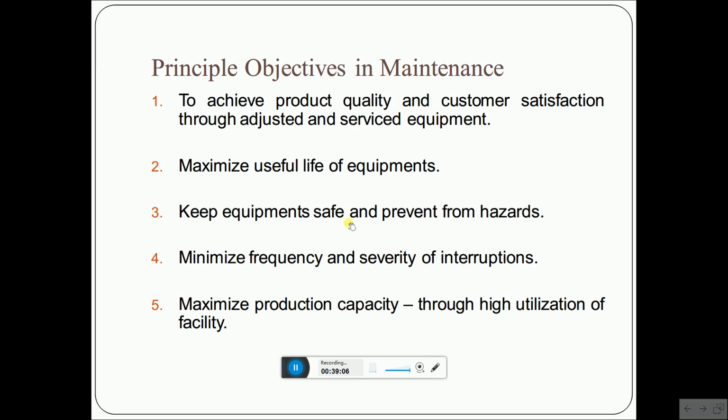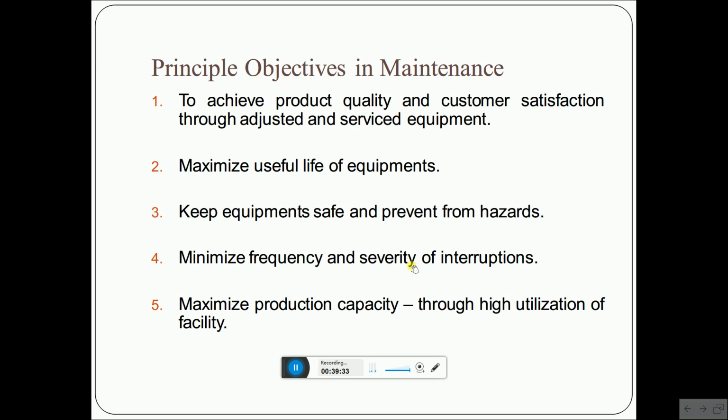Keep systems safe and prevent from hazards by understanding the fault modes. If we do a best maintenance strategy, what are we doing? We understand all the possible ways through which our system, subsystems, components can fail. And this knowledge allows us to minimize hazards and enhance safety.